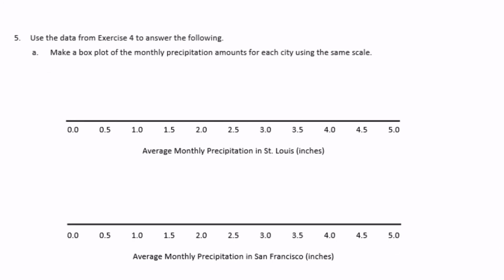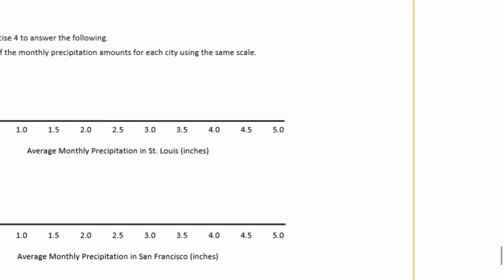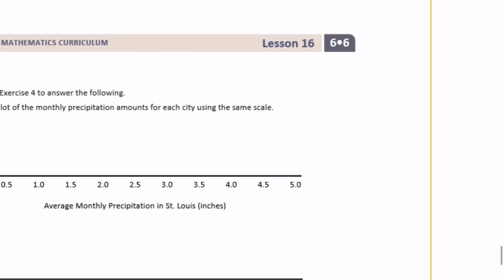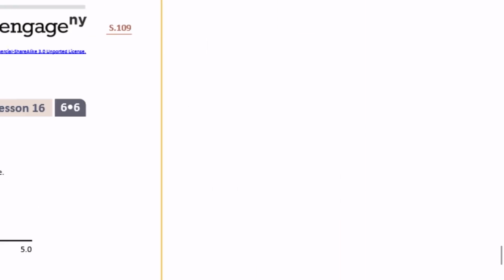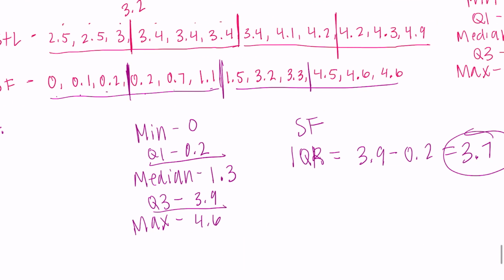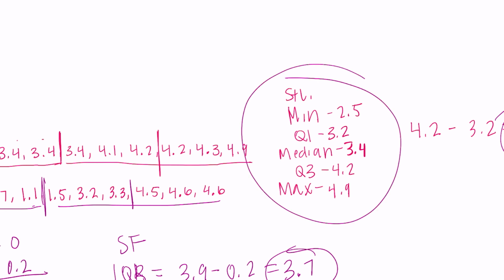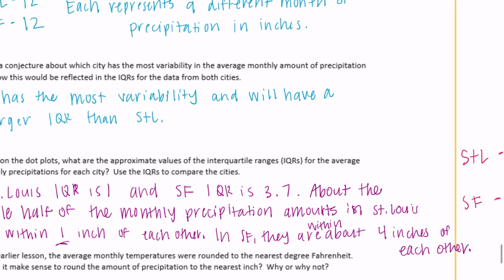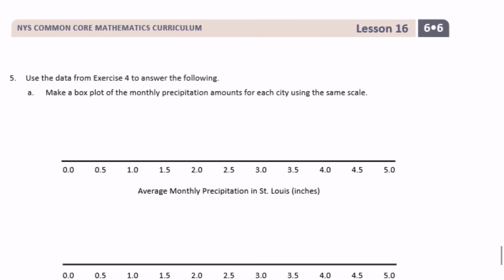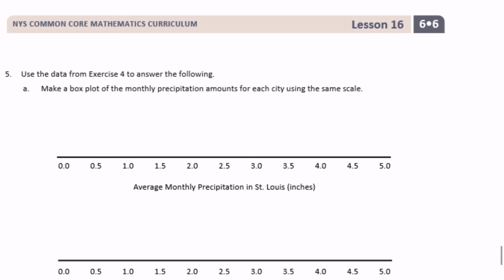Five, use the data from exercise 4 to answer the following. Make a box plot of the monthly precipitation amounts for each city using the same scale. Okay, they've already done it for us, and we already have the numbers, so this is going to be easy. All right, so let's start with St. Louis. Here was our St. Louis info. So median is 3 4/10, right about there.